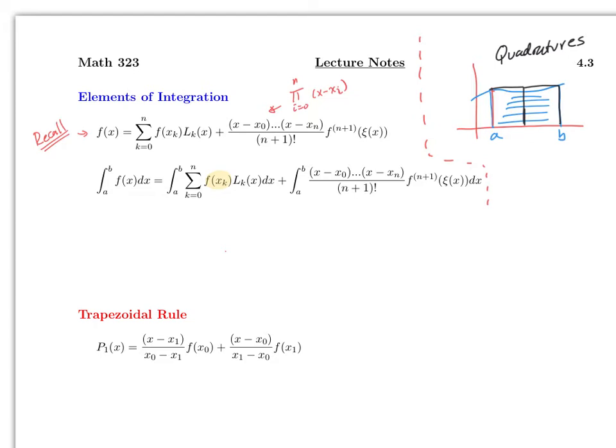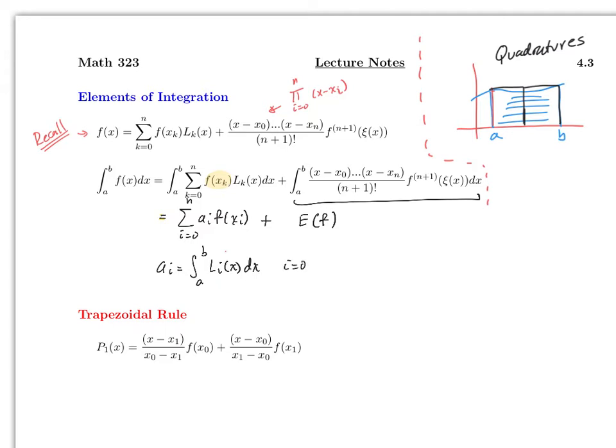And therefore, if you integrate, this will give you the sum from i equals 0 to n of a_i f of x_i, plus all of this will be the error function, like I mentioned a few minutes ago. So your job is going to be to figure out the values for a_i, which will be the integral of the Lagrange polynomials for i equals 0, 1, all the way to n.